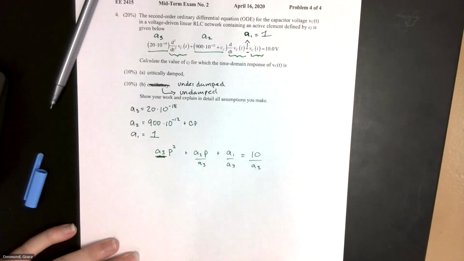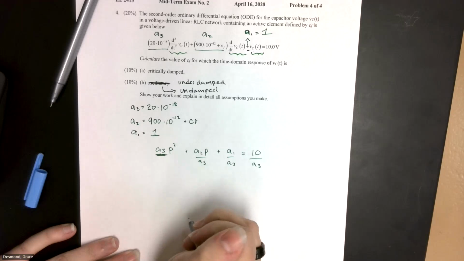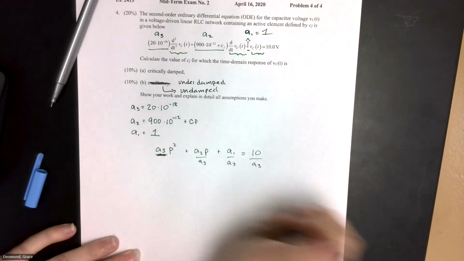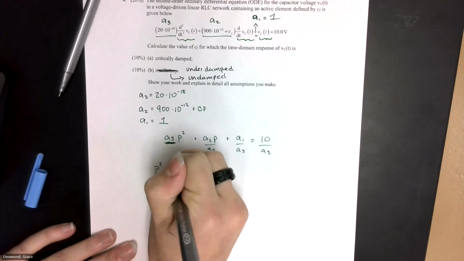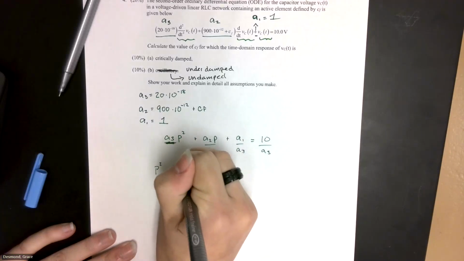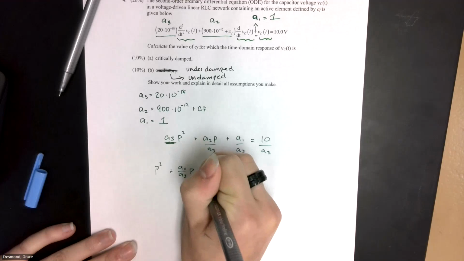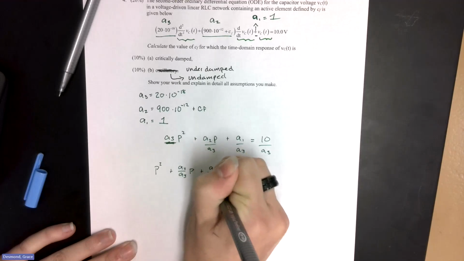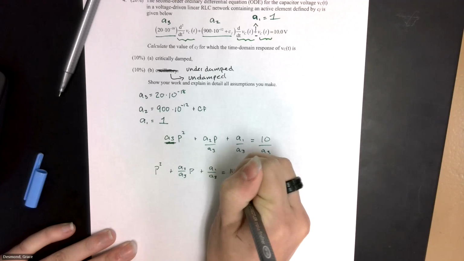So we're going to have P squared plus A2 over A3 P, plus 1 over A3. I'm just rewriting the same thing.